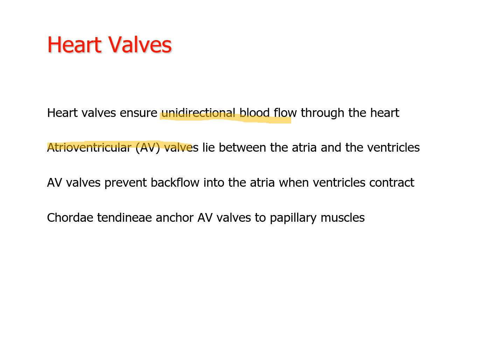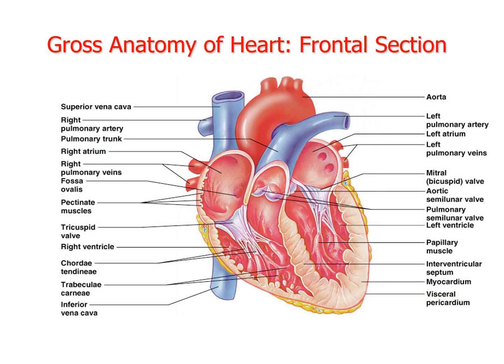They prevent backflow from the ventricles back up into the atria, and the valves are held down by, as I told you, the chordae tendineae attached to papillary muscles, which are extensions of the wall of the ventricles. And here you again clearly see them, the chordae tendineae attached to the valve leaflets.